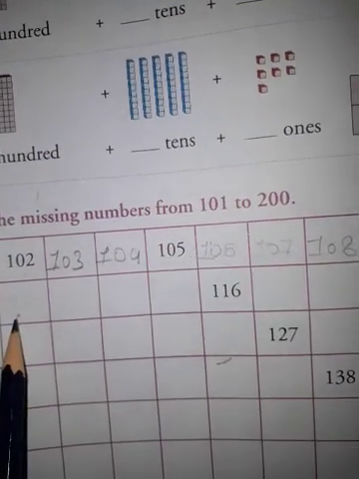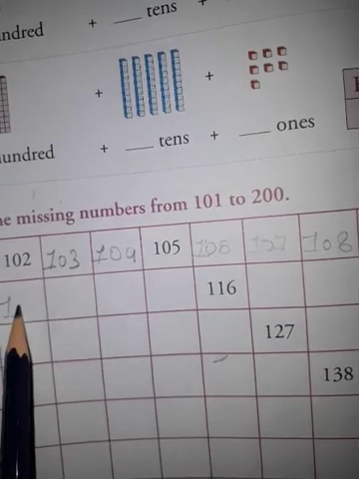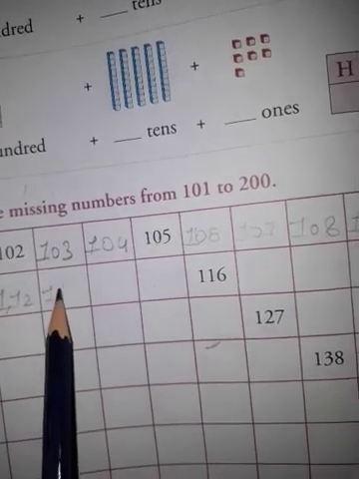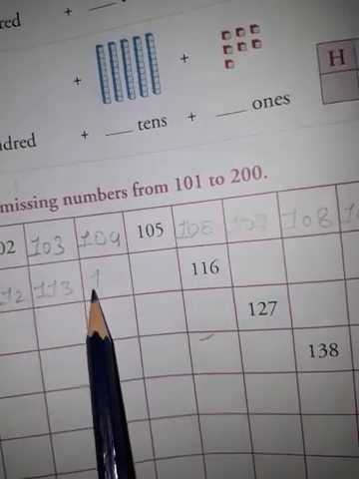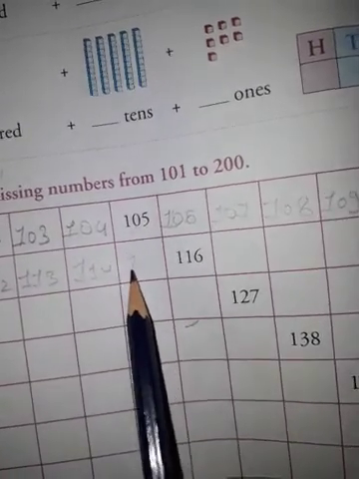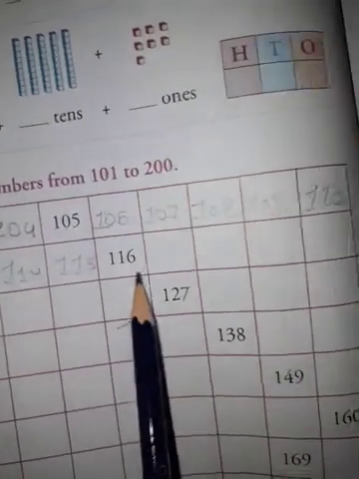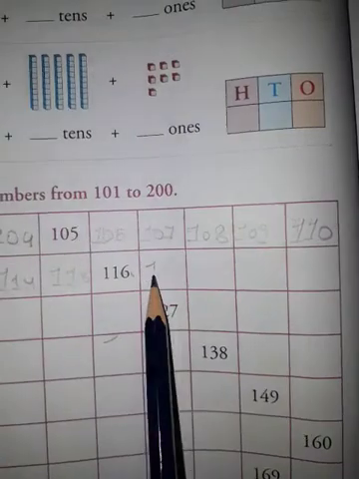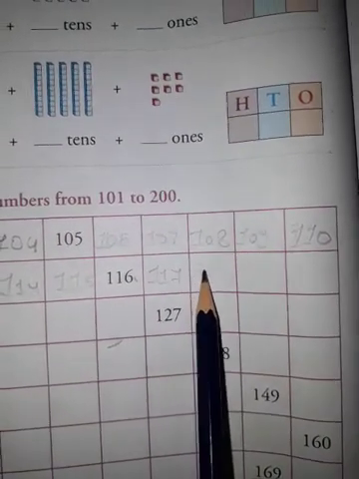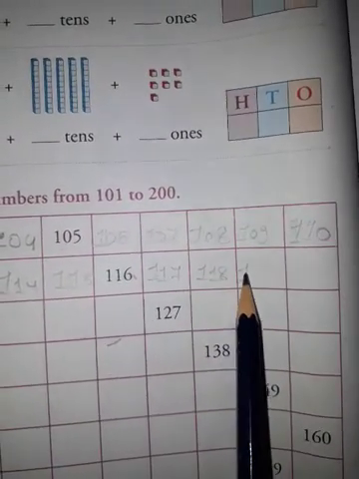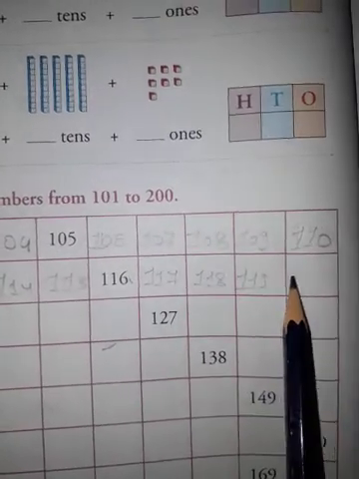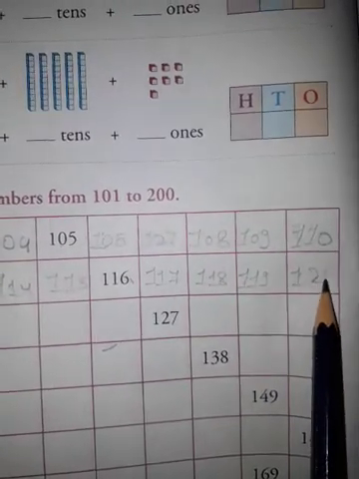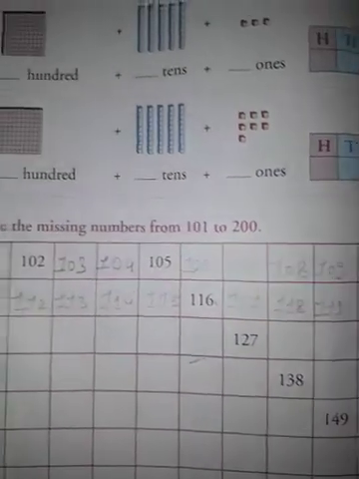And what do we get after 111? 112, 113, 114, 115, 116 is given here, 117, 118, 119, and after 119, 120. Is it clear to all of you?